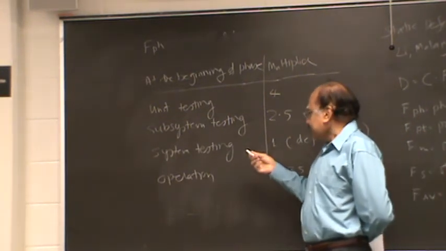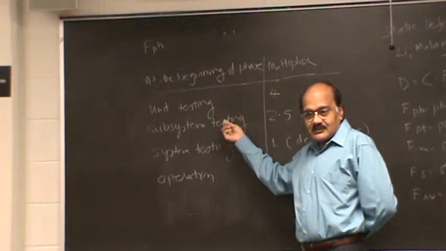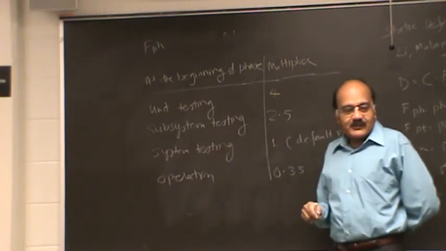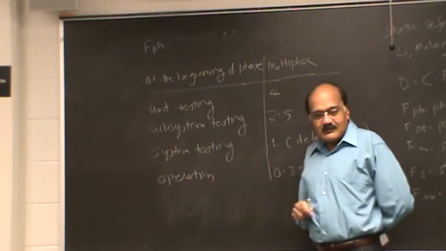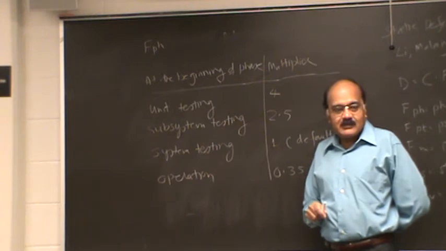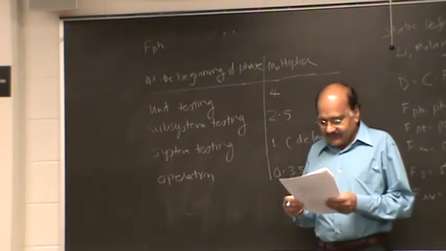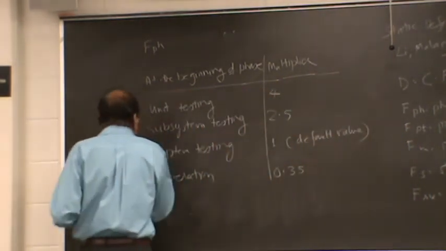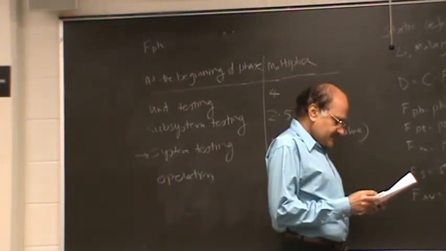Because at the beginning of the subsystem testing phase, defect density would be much higher. At the beginning of the system testing phase, defect density would be less. And defect density, of course, would be even less after you have done some good system testing. So we took this as a default level for comparison.